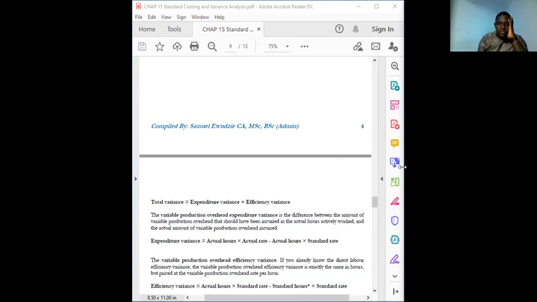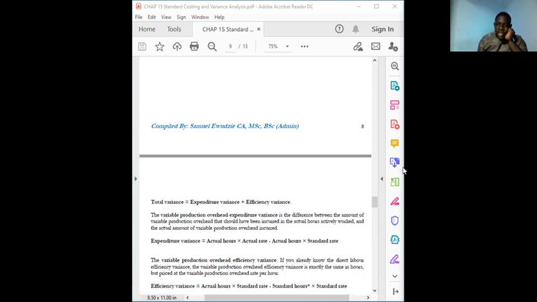Okay, good. So if you pick the variable production overhead expenditure variance, we're saying that is equal to the actual hours times the actual rate minus actual hours times the standard rate. So here AH is common.